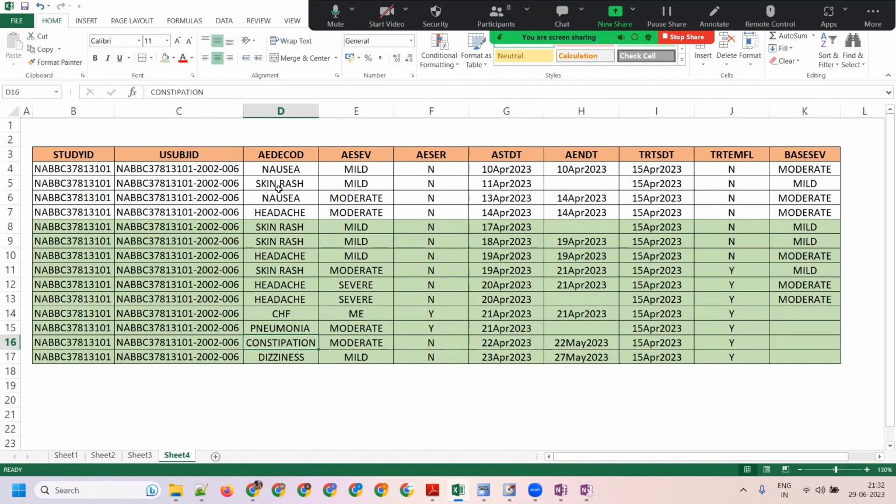Now you understand, even though it is emergent in the treatment period, I still need to calculate whether it is yes or no based on its existence in the pre-treatment period. If it exists in the pre-treatment period, in that particular case, I need to bring my severity into consideration. Then only I need to calculate it. Make sense? Yes or no?